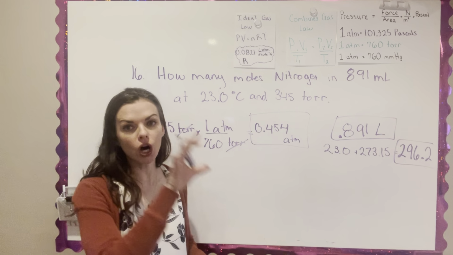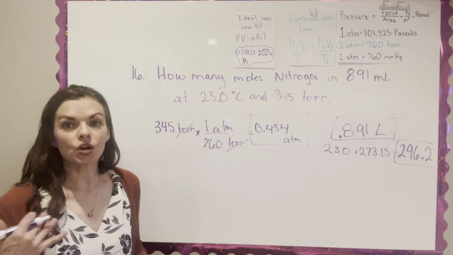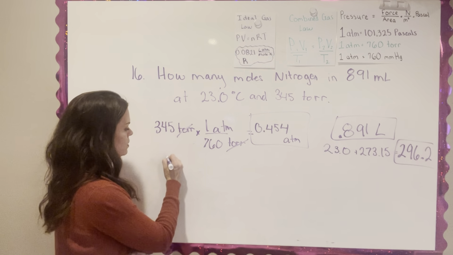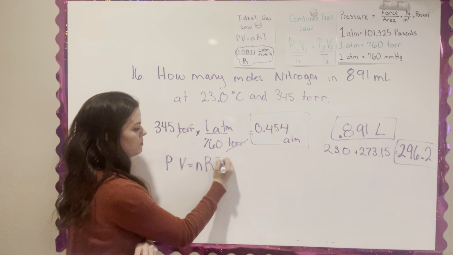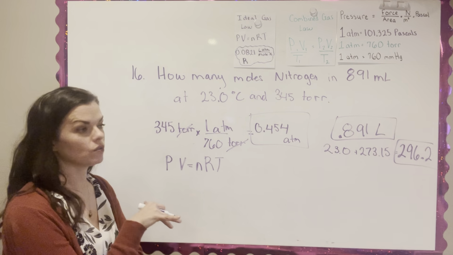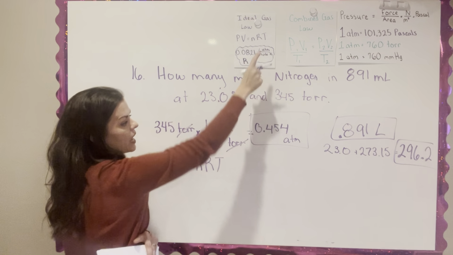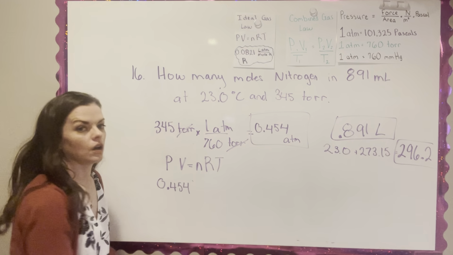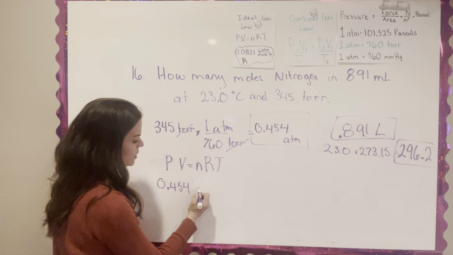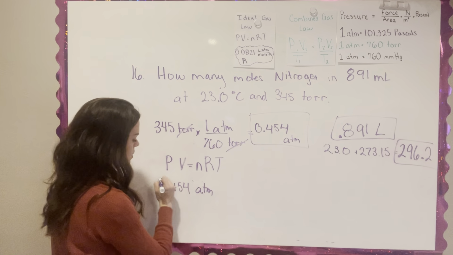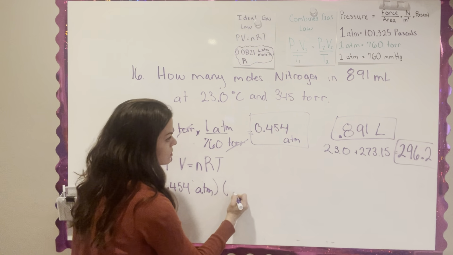So you're going to take all this information, and we're going to use PV equals nRT. I'm going to start right here and just write the formula. Make sure I have everything in the right units. My pressure has to be in atmospheres, which I have. I'm actually going to keep all my units in this math and show you how they cancel out, even though I don't always do that.